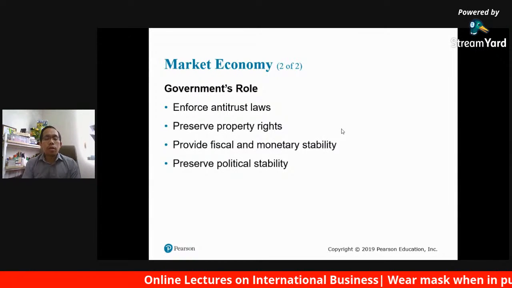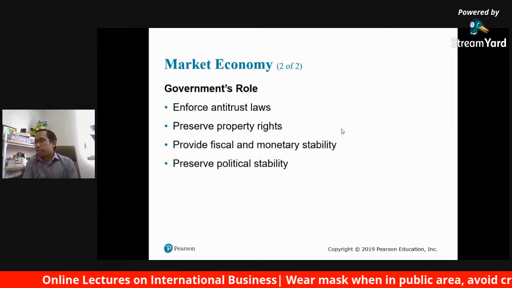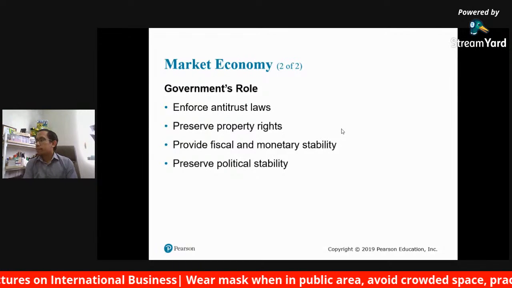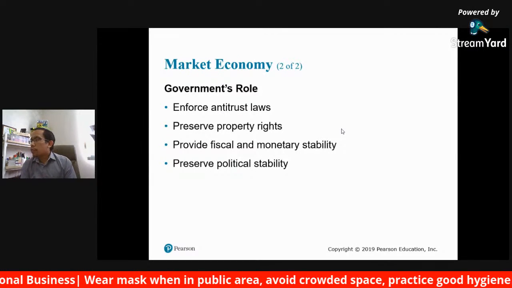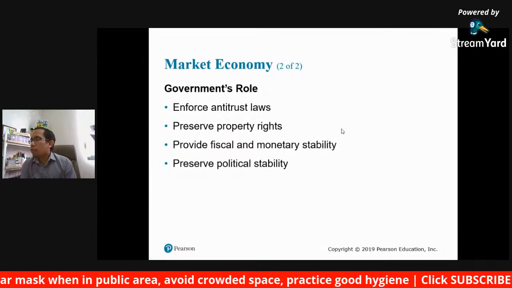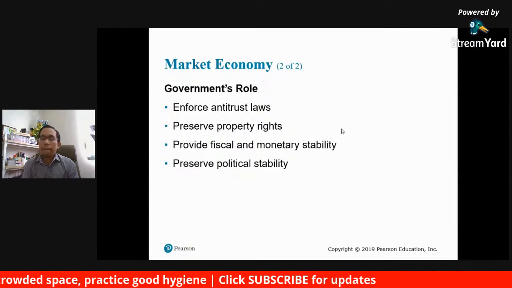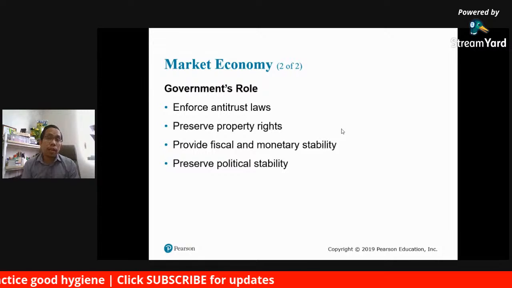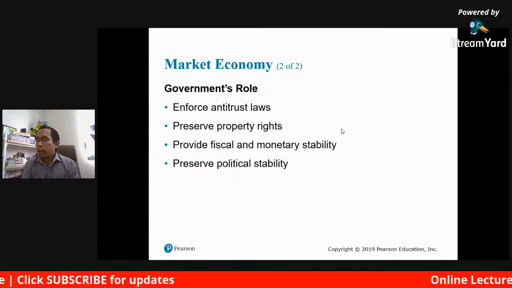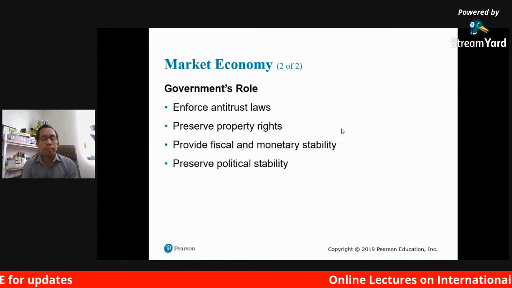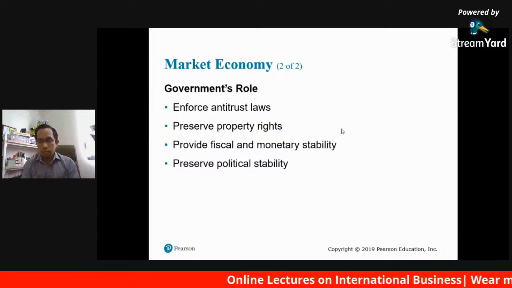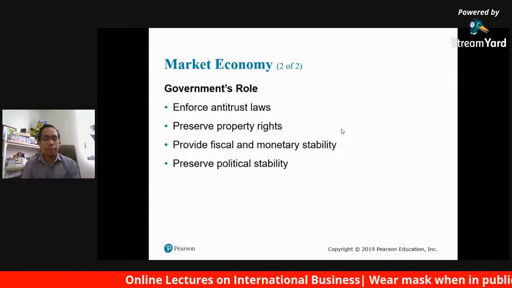Third, provide fiscal and monetary stability, controlling inflation and unemployment, because companies can then forecast and control their performance.